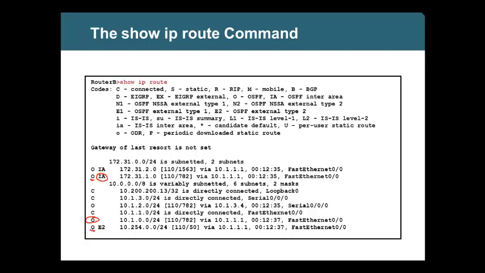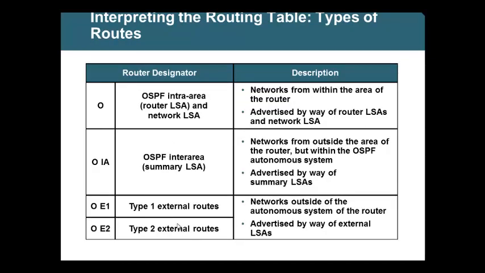Some routes will have O, E1 or E2, sometimes N1, N2, which are in tomorrow's syllabus. We have not covered not-so-stubby areas, N1, N2. What are these things? See, O, O IA, O E1, O E2. O means OSPF.